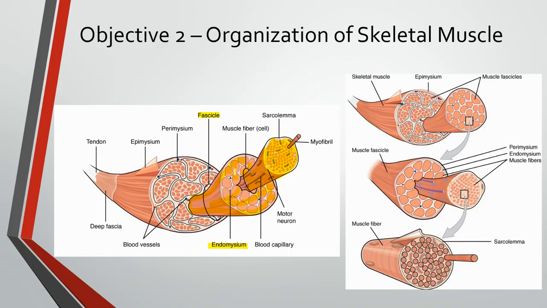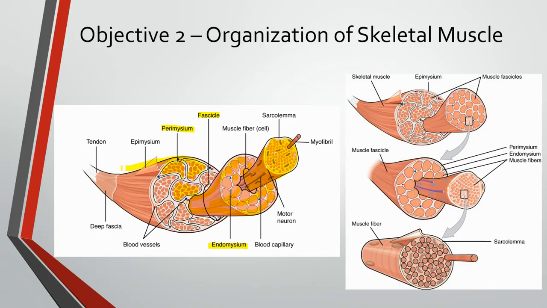That fascicle is surrounded by a layer of connective tissue called the perimysium. If we look at the bigger picture, there's a fascicle surrounded by the perimysium, and another fascicle, and another. So first we have the endomysium, which surrounds a single cell. Then we have the perimysium, which surrounds a fascicle, which is a group of cells.